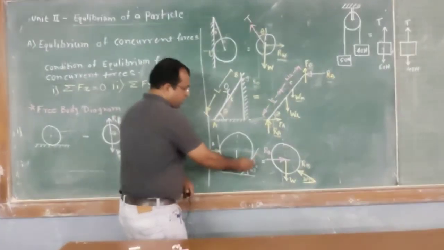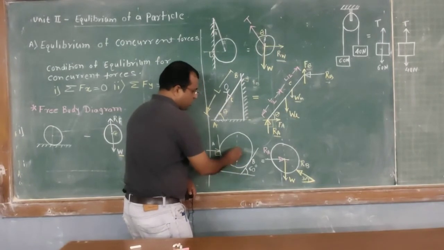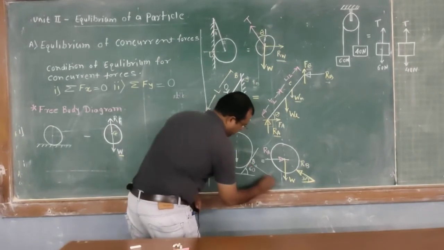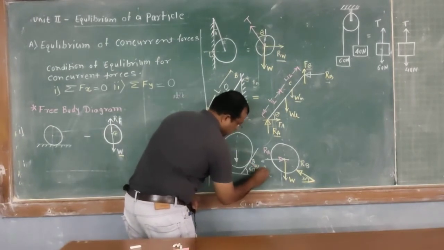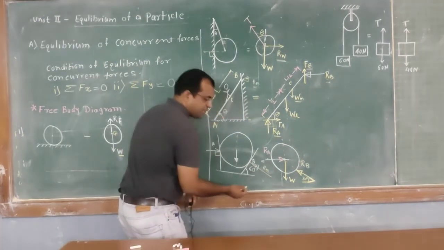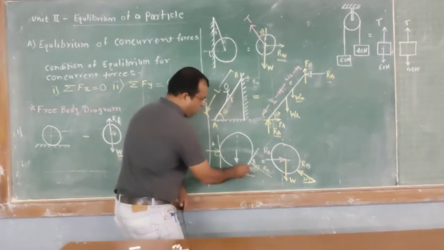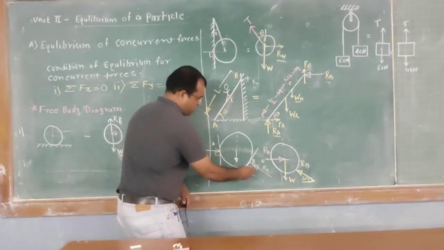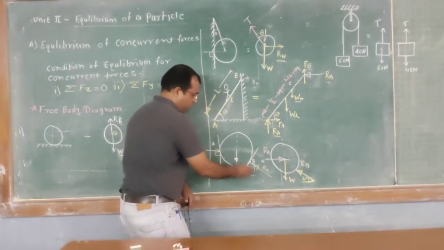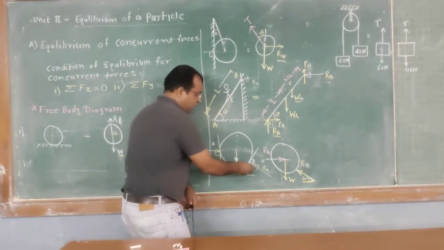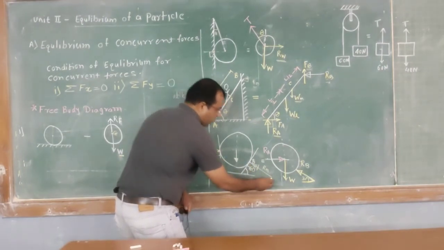Now the reaction offered by this inclined wall on the sphere is RB. This is RB, and we have already discussed that reaction is always perpendicular to the point of contact. So this reaction makes an angle of 90 degrees at point B. As this angle is 60, this angle is 90, so what is the remaining angle?